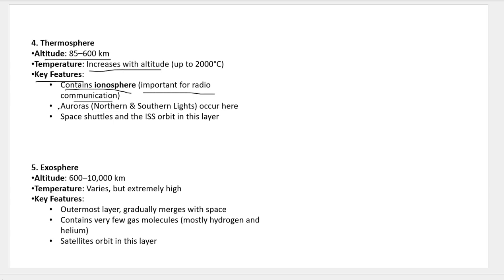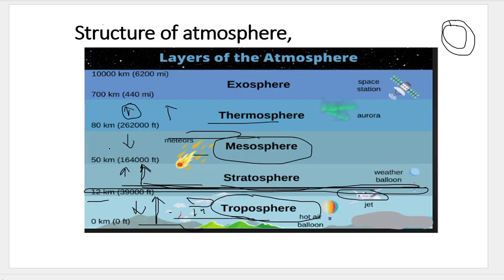And aurora also. What is aurora? See, these kinds of lights are seen in the night sky, mostly at the northern pole and southern pole.